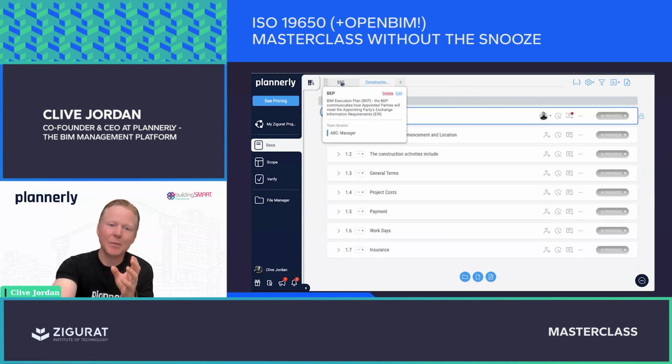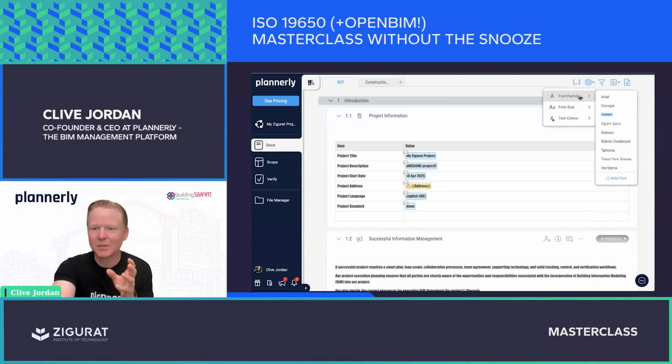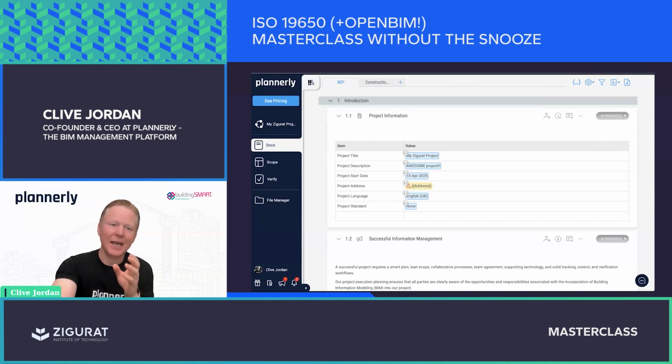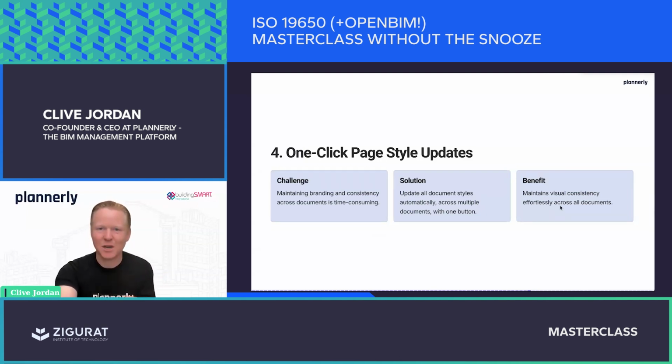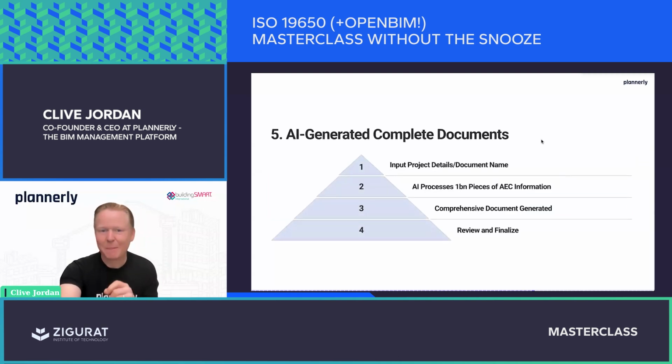So imagine being able to change this across multiple documents, a whole project, without having to really think about it. This automation takes away that burden and maintains consistency across all of your documents and all of your resources. It means you can focus more time on the important things rather than all of the burdensome, troublesome and time-consuming things.